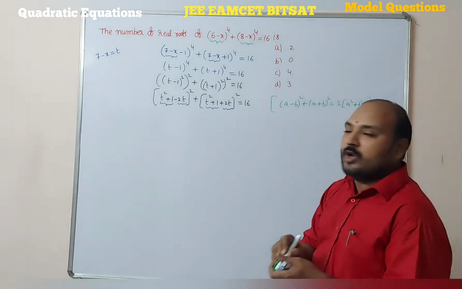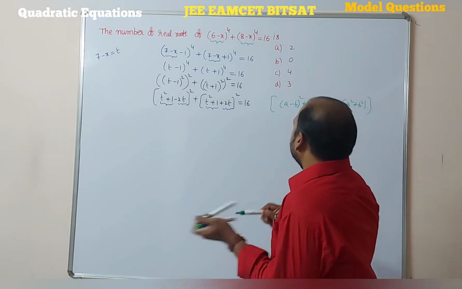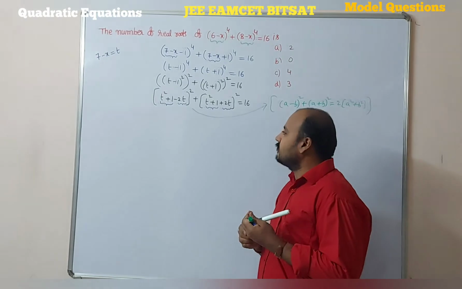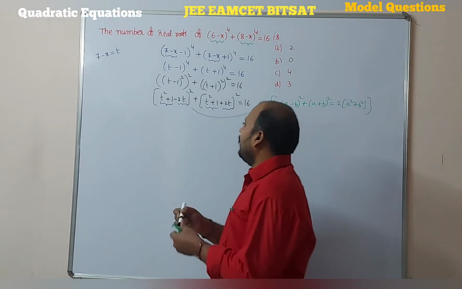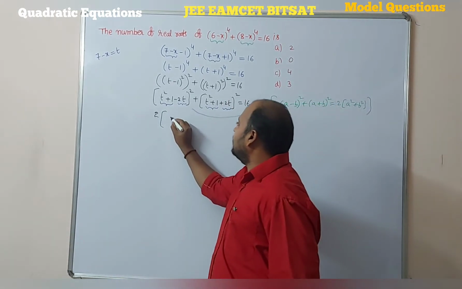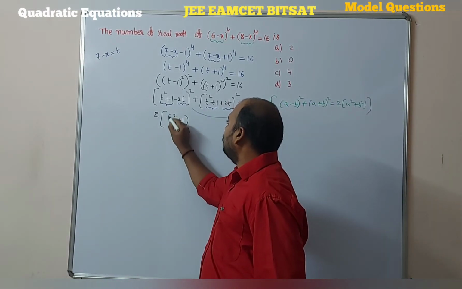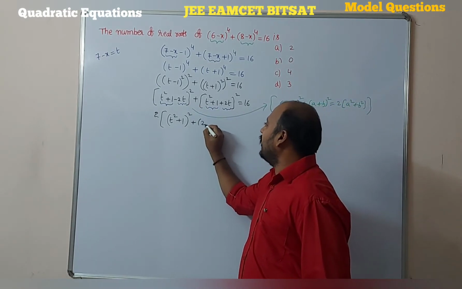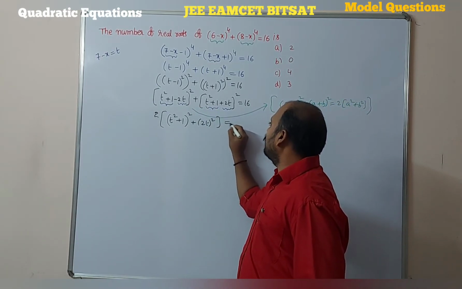So this formula I am going to apply here. By applying this formula, it becomes 2 times (t² + 1)² plus b². B is what? (2t)² is equal to 16.